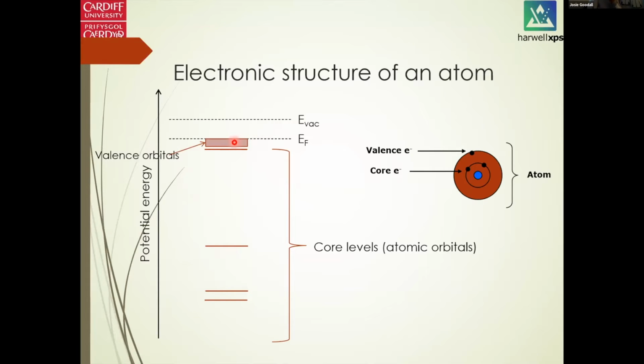And these electrons will give us some fingerprint information of the atoms, such as the metallic bonding and some other detailed information. And once these electrons absorb the energy from UV radiation, we'll collect them using the analyzer.